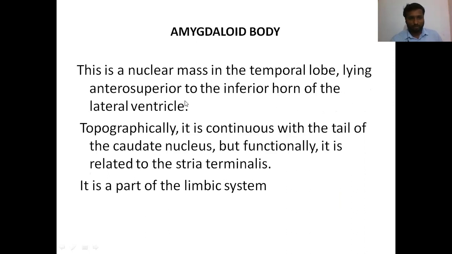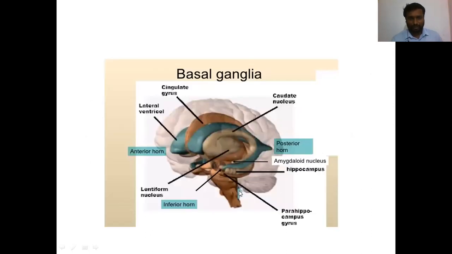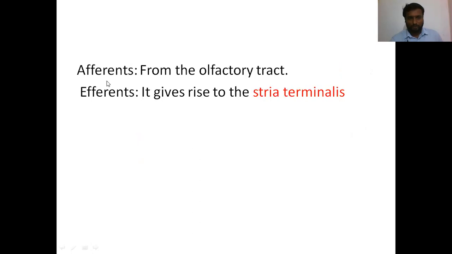Structurally it is connected to the tail of the caudate nucleus, but functionally it is related to the stria terminalis, and it's a part of the limbic system. It has afferent fibers from the olfactory tracts and efferent fibers to the stria terminalis.